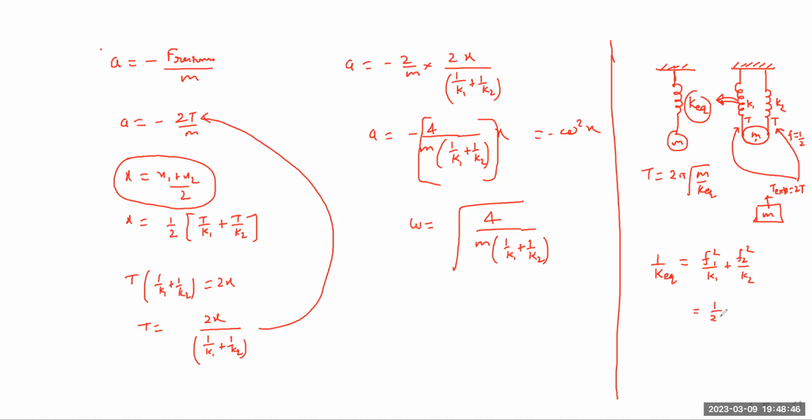So what is the factor square? 1 by 4. So 1 by K equivalent is 1 by 4K1 plus 1 by 4K2.